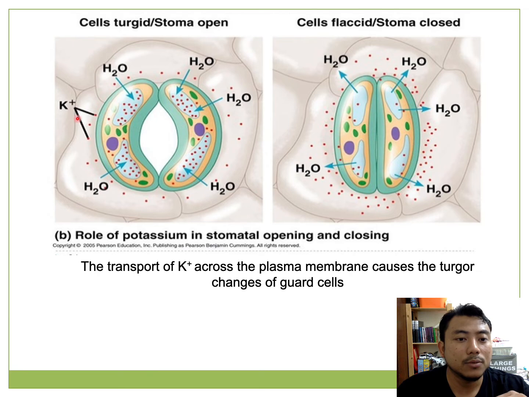So basically, when the potassium ion enters, H2O, water also will enter, and it will cause the guard cell to expand. Maknanya guard cell tu akan jadi semakin kembang, sebab air keep on masuk. Dia akan curve outward, dia akan membengkok ke luar, because the bahagian dalam ni, its inner wall is thicker compared to the outer wall.